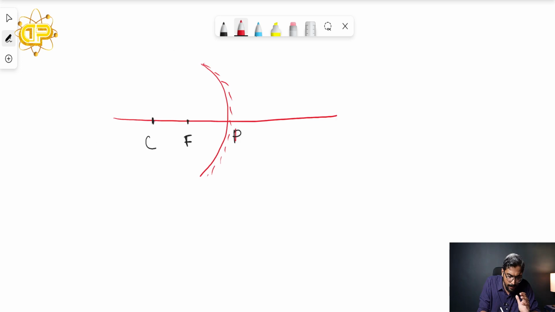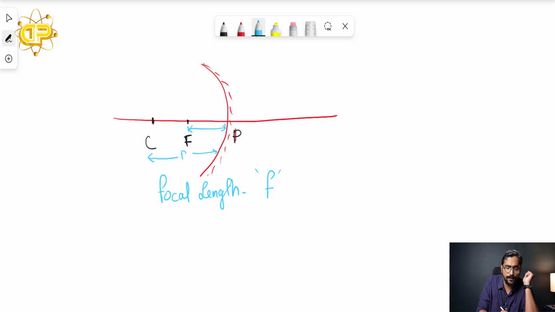The distance between this pole and the principal focus, which is represented by a capital letter F, is known as what? Focal length. You know the distance between the center of curvature and the pole is known as what? Radius of curvature, right? So radius of curvature is there and focal length is there.